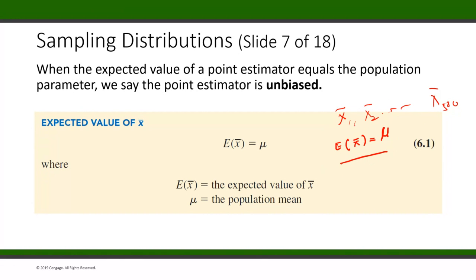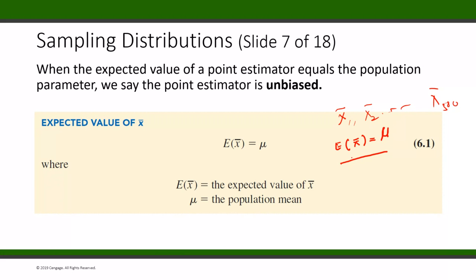If you take an average of 5 averages, it's unlikely to be the same as the population mean. You have to take a lot of samples, repeated samples.